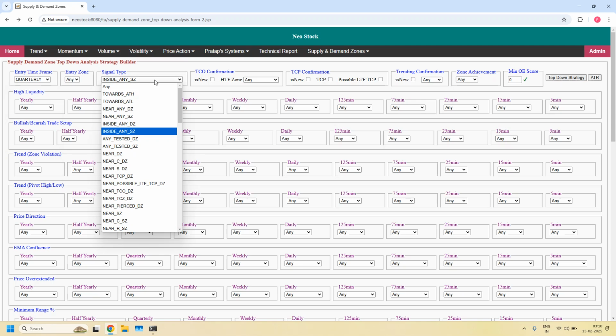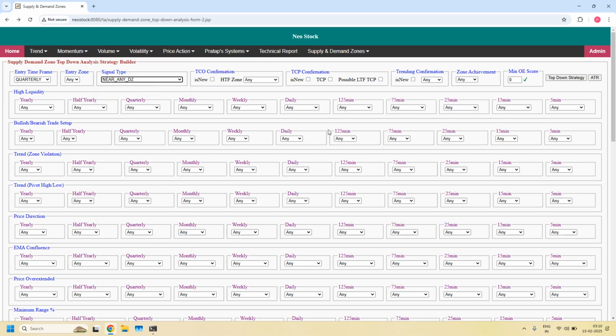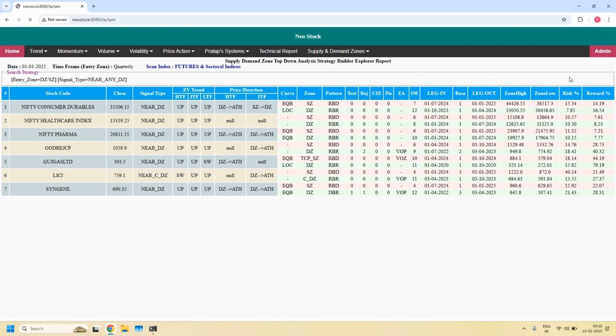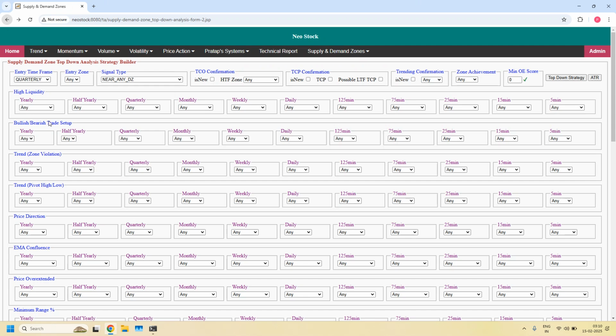Next time frame is quarterly, stocks near quarterly demand zone. We got 7 stocks. Next, quarterly time frame, stocks near quarterly supply zone.